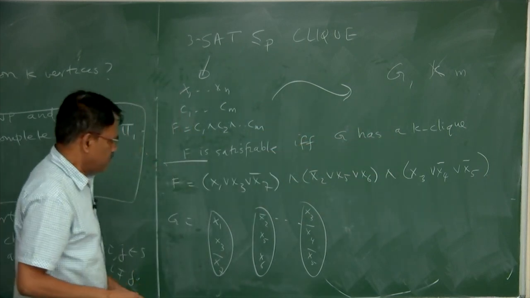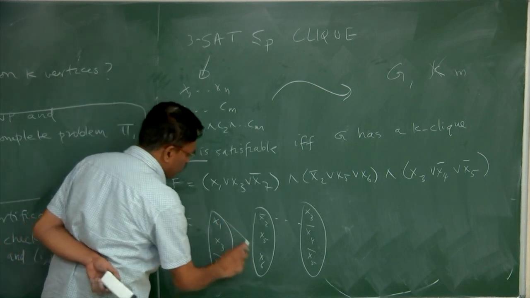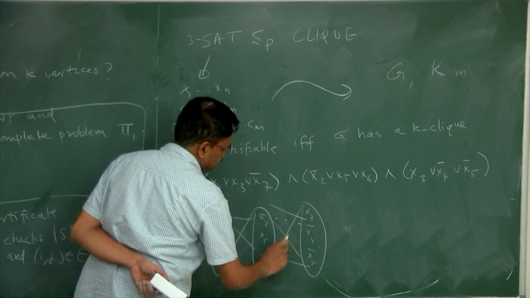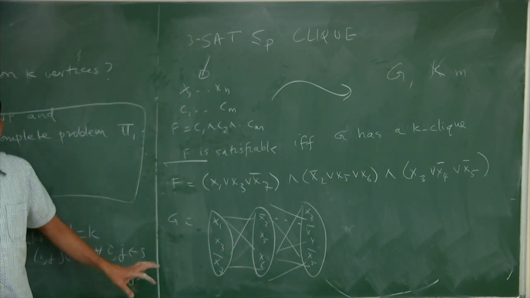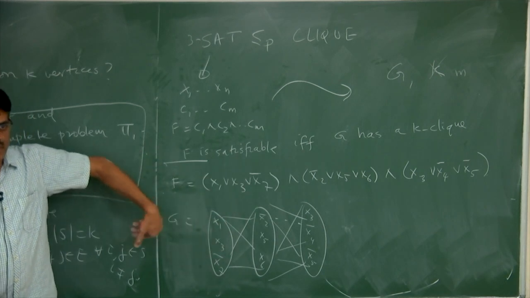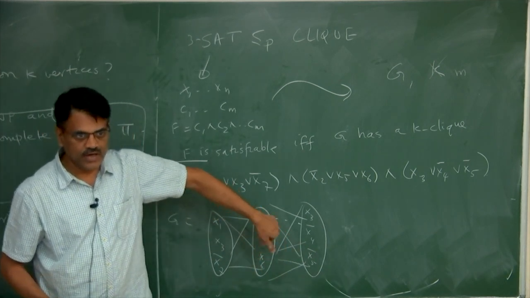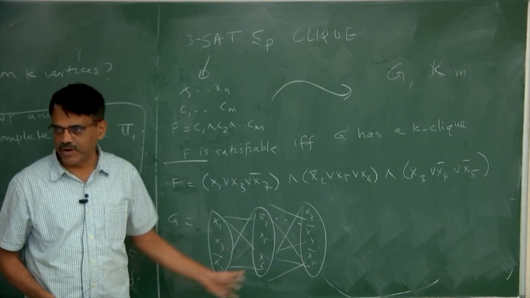Well, a starting idea would be that I am going to draw all possible edges, a complete M-partite graph. So, there are M sets of vertices. The same variable is repeated multiple times, but that is okay, I will have multiple copies of that vertex, and I have a complete M-partite graph.